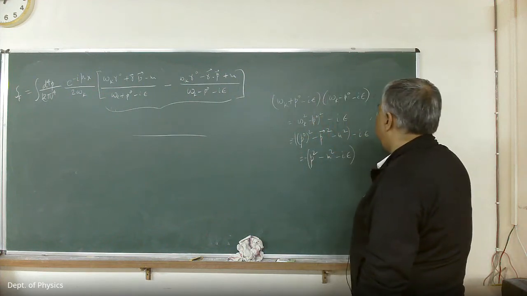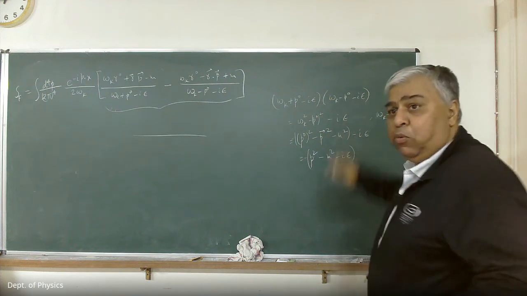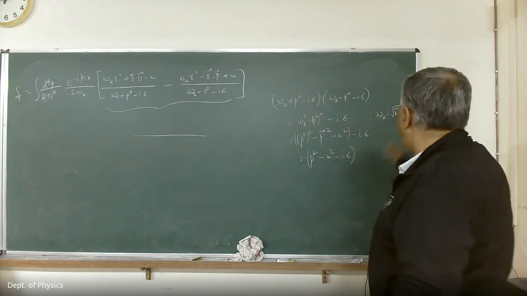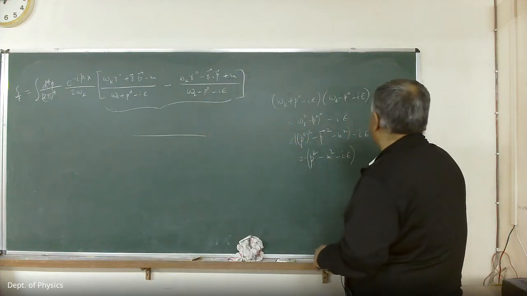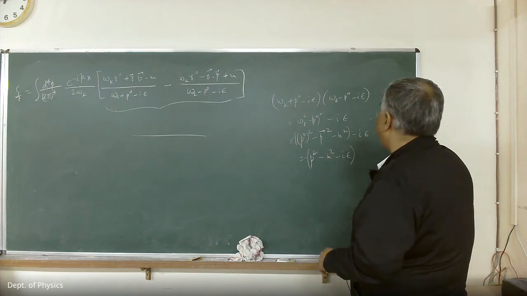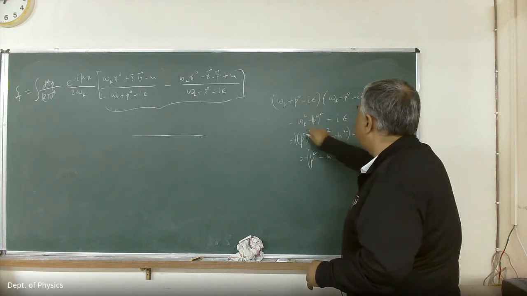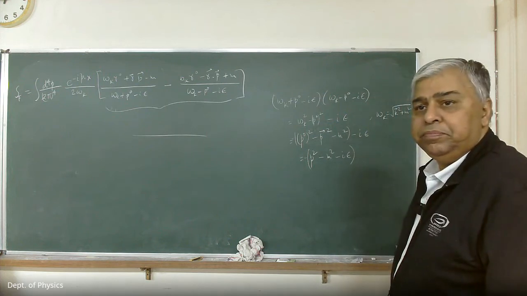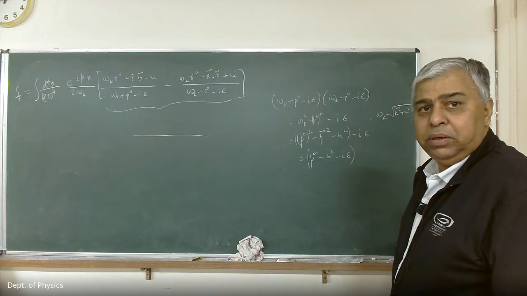ω_k². This k, 3-vector, in one case I took it to be plus p, then minus p, when squared both become equal, okay? So ω_k² is equal to p² plus m², and this is minus p⁰².